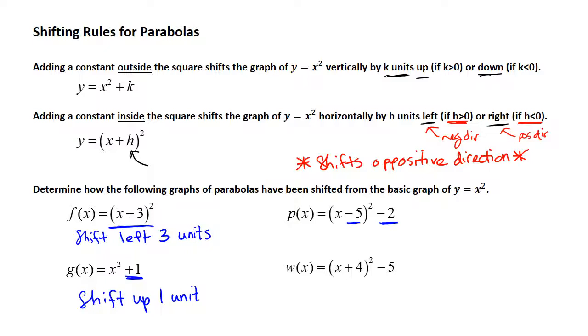Remember, subtraction is just addition of a negative. So if we look at them one at a time, there is the negative 5. Remember, inside opposite direction, so that's shifting right 5. And then the negative 2 on the outside, that means down 2.